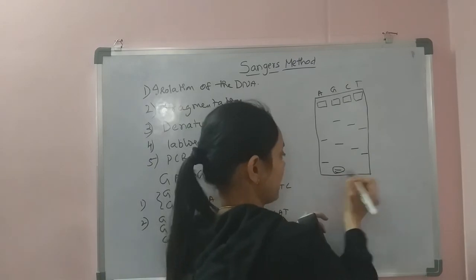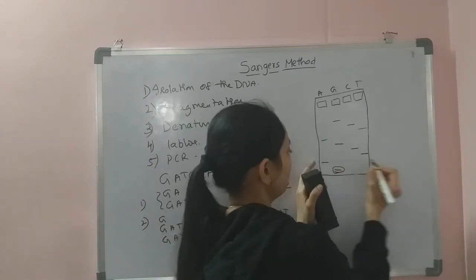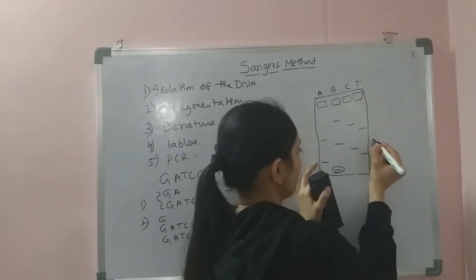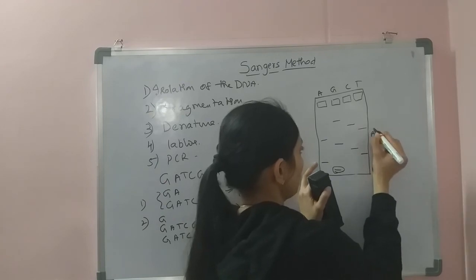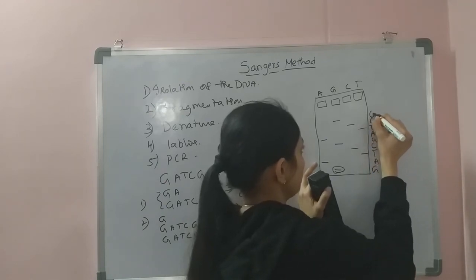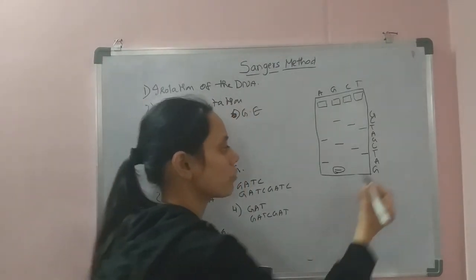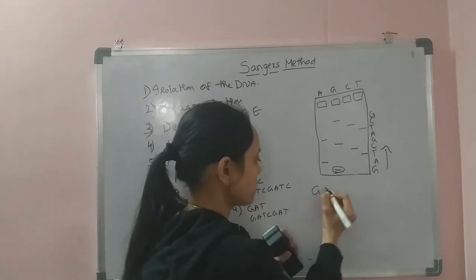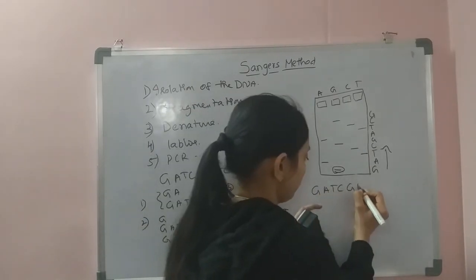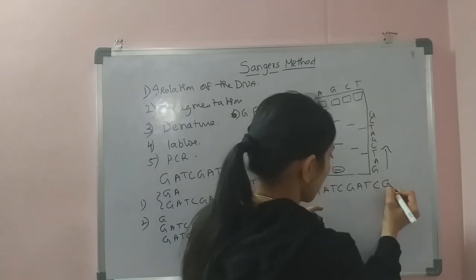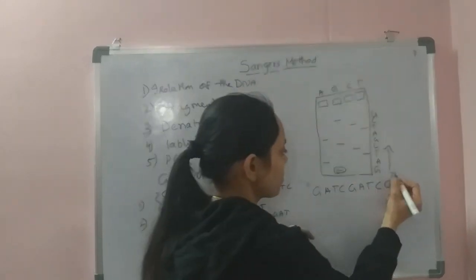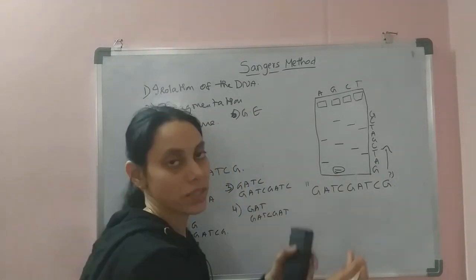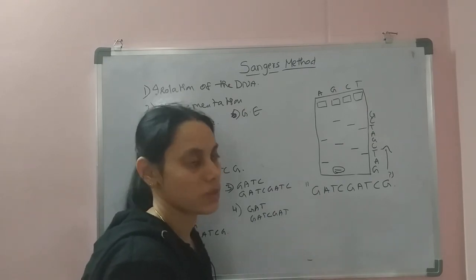So here it indicates the G, and here it indicates A, T, C, G, A, T, C, G. So from bottom to top we need to read the sequence, and this sequence is not the strand of the sequence that we have taken for the experiment, but this will be the complementary sequence that is synthesized during this process.